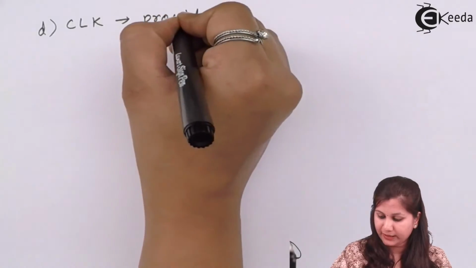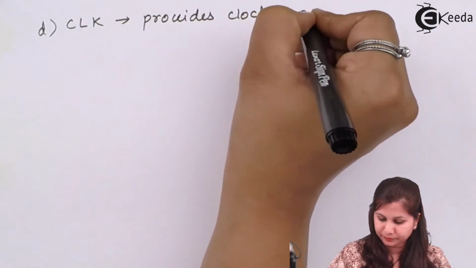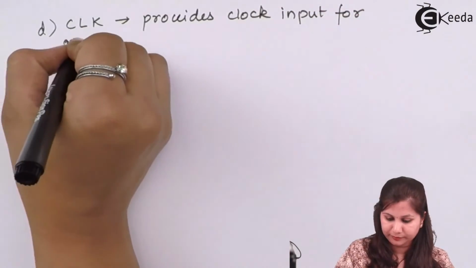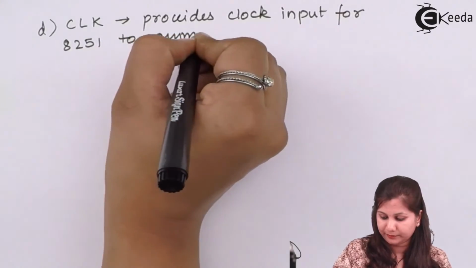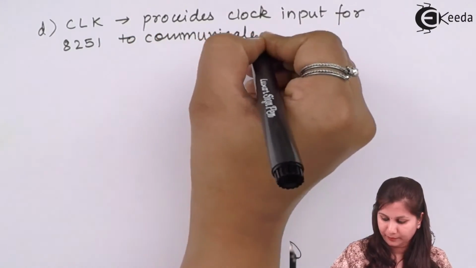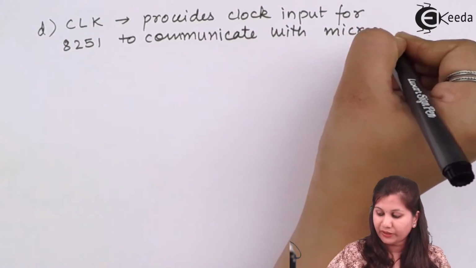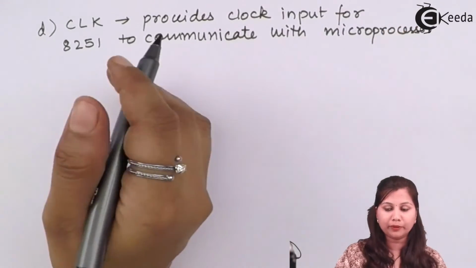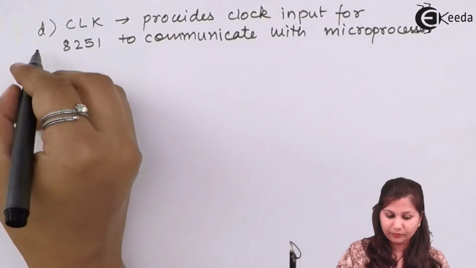So this provides clock input for the 8251 to communicate with the microprocessor. So wherever the 8251 requires any clock input, that will be provided through this clock signal.